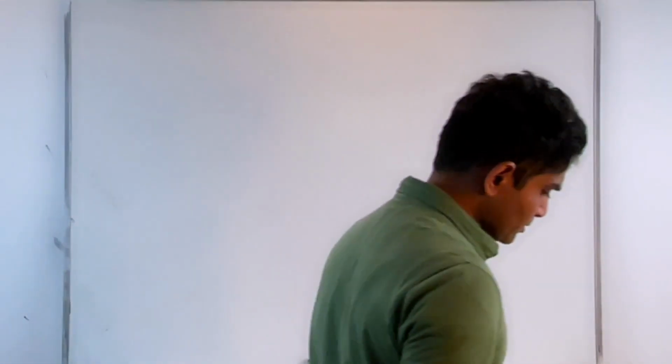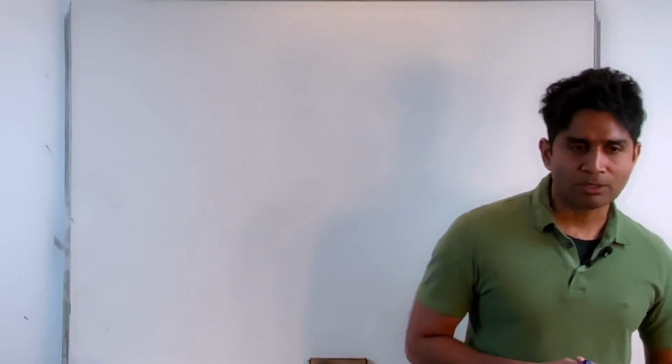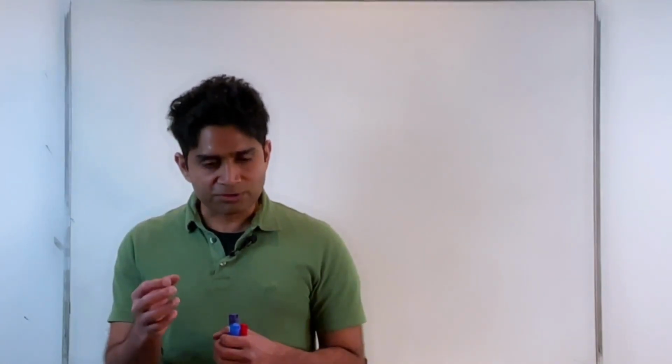So just to give a quick recap of what we have done in the last class. What we are really trying to do here is to slowly build up those building blocks.